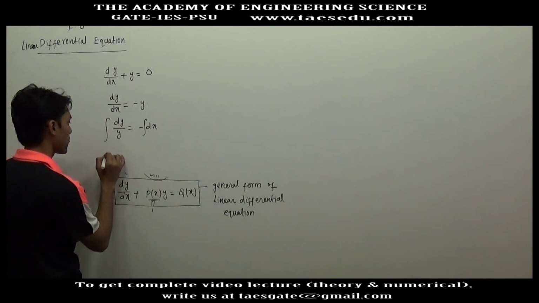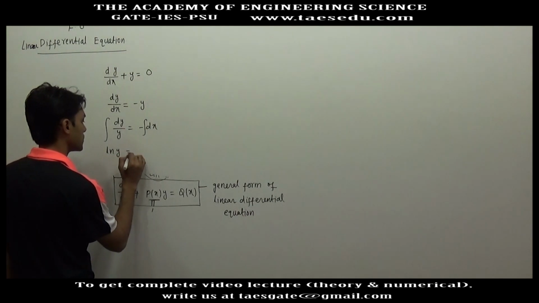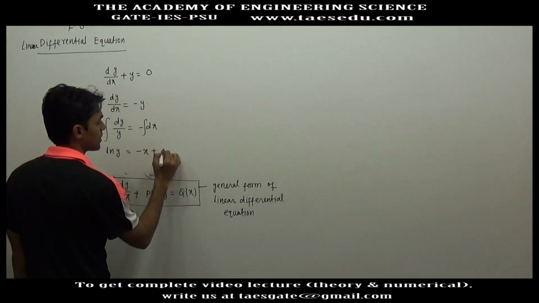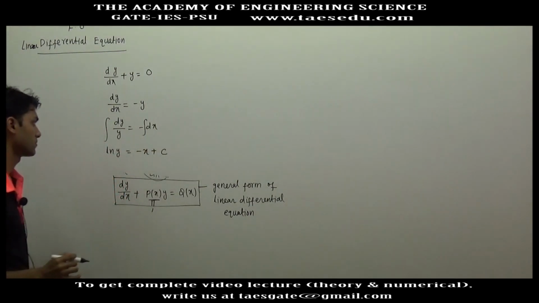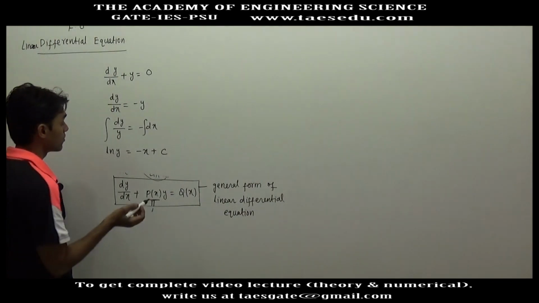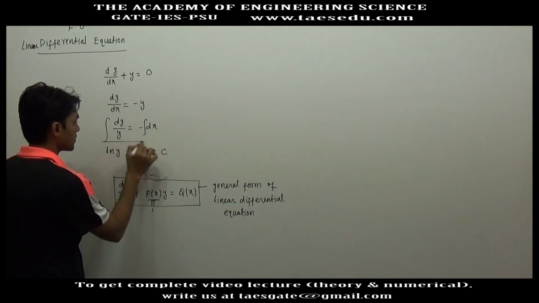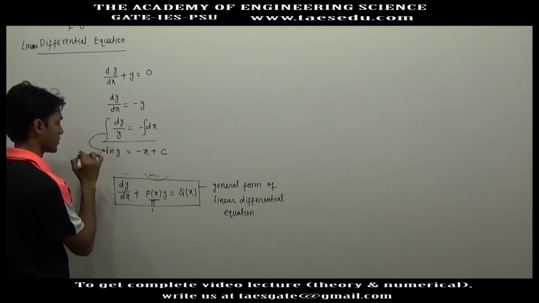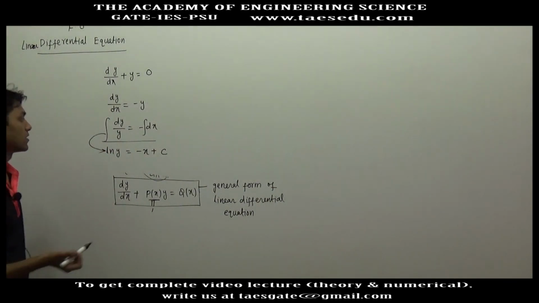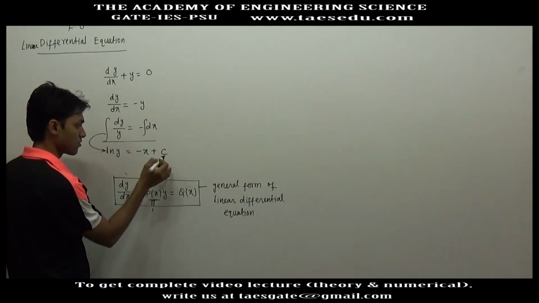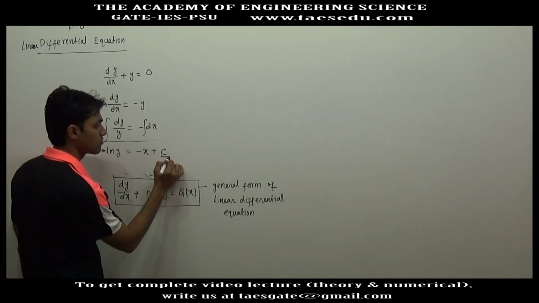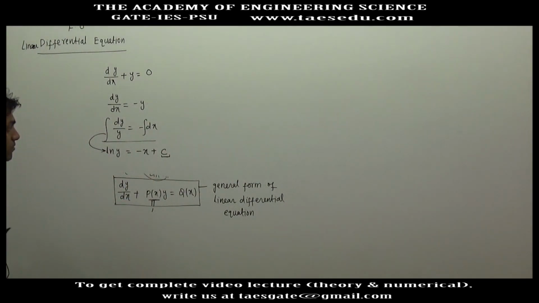Here we will have ln y is equal to minus x, and we will have a constant here. As we discussed earlier, this will not have a unique solution, this will have a family of solutions, and for a family of solutions we will have a constant here. And how can we calculate it? We must be given a condition.